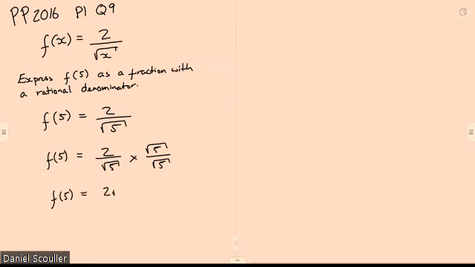And root 5 times root 5 will just give us a positive integer of 5. So that was the final answer. That's a fraction and it's got a rational denominator, and you've known to put the number 5 in place of the x.